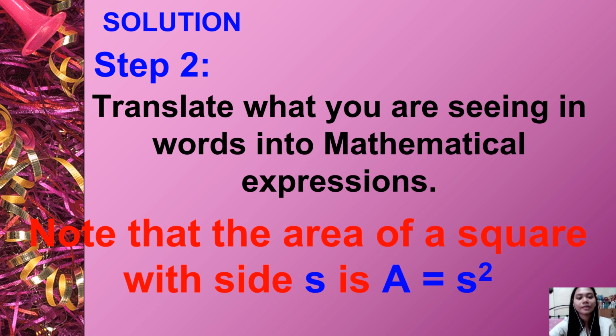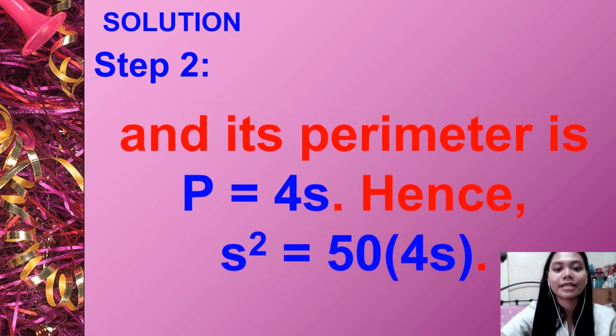Step 2, we have to translate what we are seeing in the words into mathematical expressions. So note that the area of a square with side S is A equals S squared. Yan po yung area. And its perimeter is 4S.